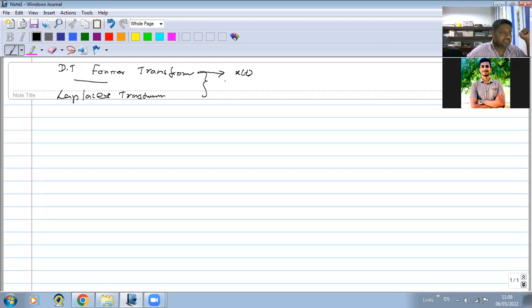So we are using different transformation techniques to convert this time domain into a different domain. Actually, these transformations are not strictly for time domain signals.